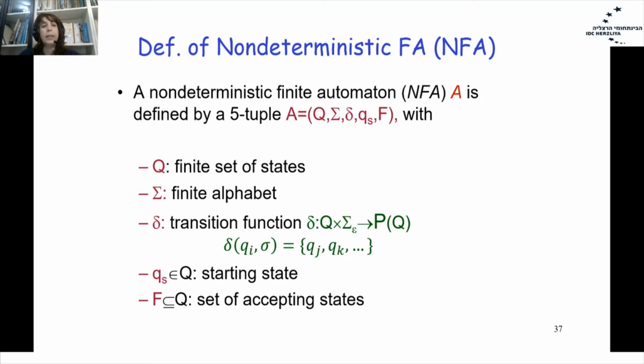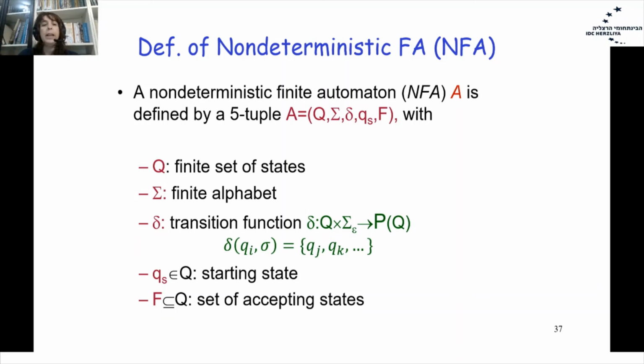Delta is a transition function. Please pay attention. Delta is now defined for Q Cartesian product sigma with a small index of epsilon, since we also have epsilon as a legal input, and the result is a power set of Q. The result can be several states, so we are talking about a set of states.